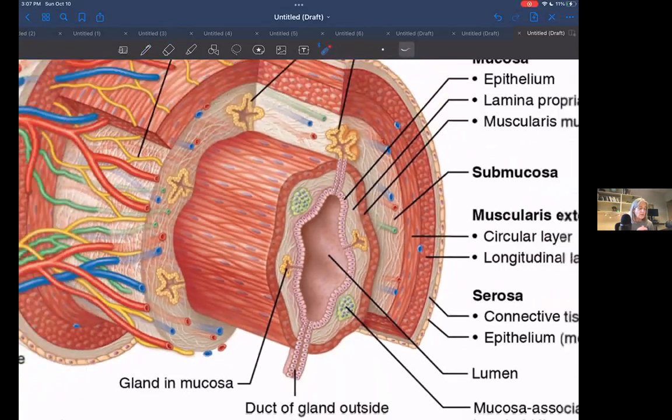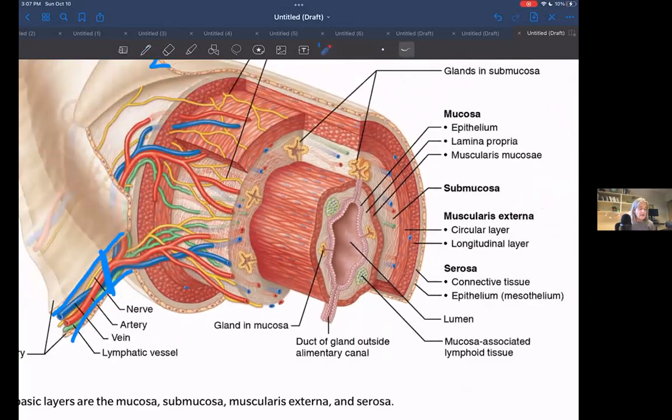Also associated with the mucosa would be glands, and these glands produce all kinds of things, but one thing they can produce would be mucus. So mucus lines the inside. Our alimentary canal is moist and it is mucus lined. This mucus allows for protecting the inside, and also, for example in the large intestine, the movement of the feces.